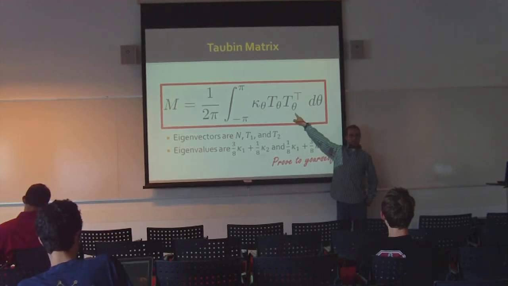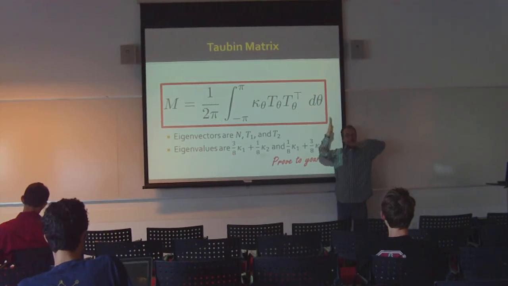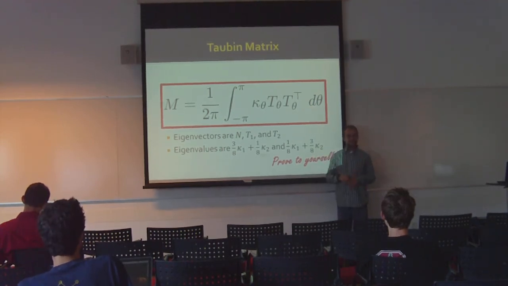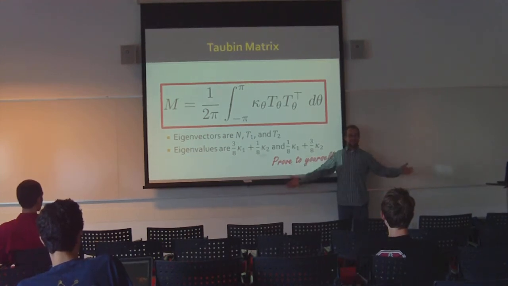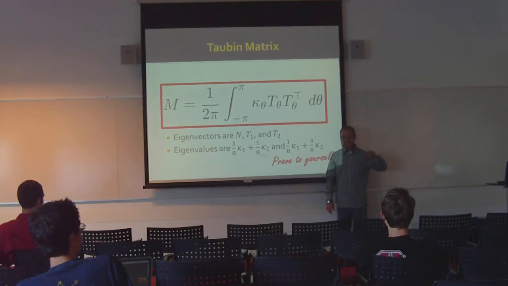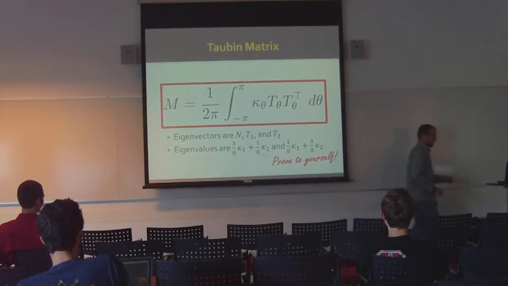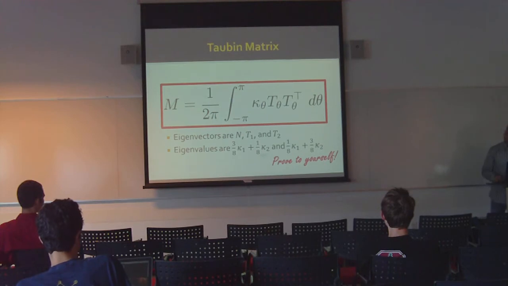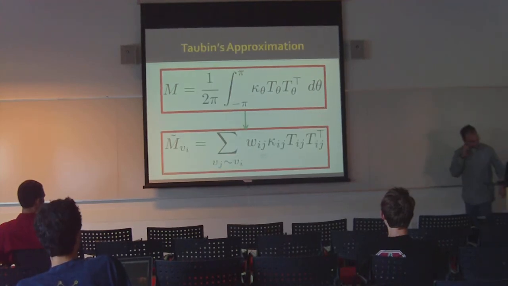T theta is a tangent vector, n is a normal, and a vector transpose times another vector is nothing more than their dot product. And the dot product of a tangent and a normal is what? Guys? 0, yeah. It was pointed out to me that not all of my questions are answered by 0, but this particular one is.